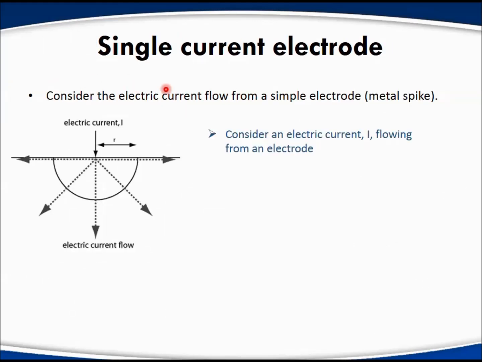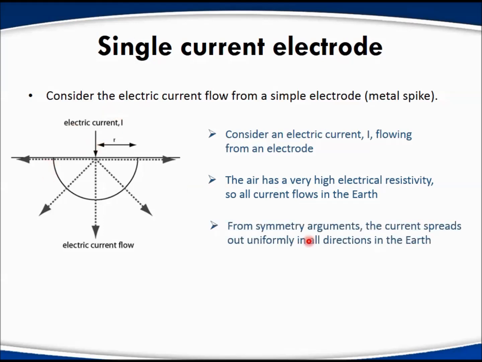So now we move to the single current electrode first. Consider the electrical current flowing from a single, simple electrode, a metal spike like here. Consider an electric current I flowing from the electrode. The air has a very high electrical resistivity, so all the current will flow through the earth, and no current will flow upward.